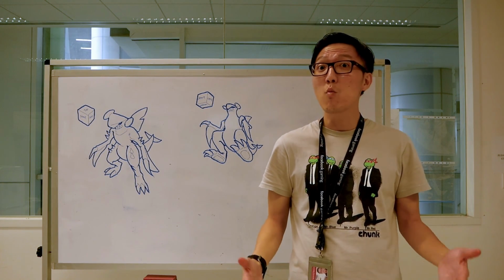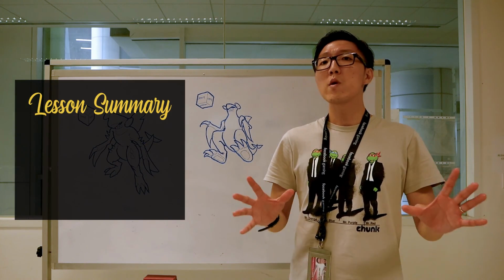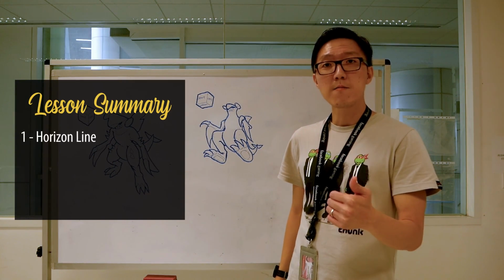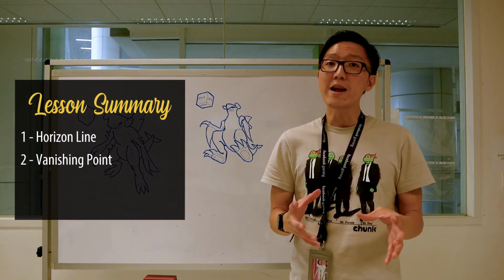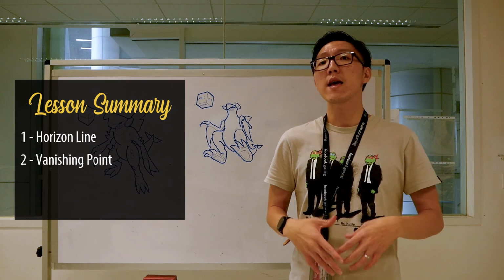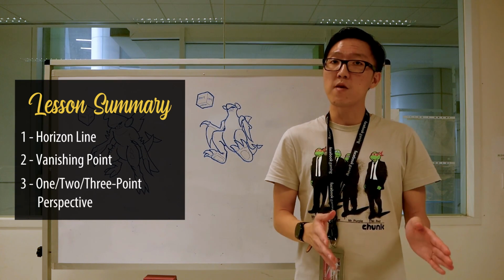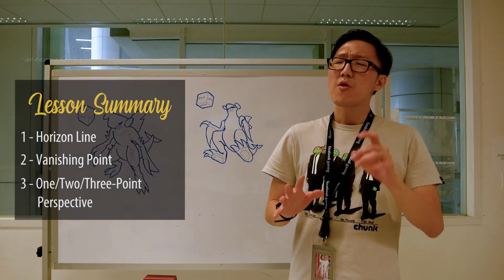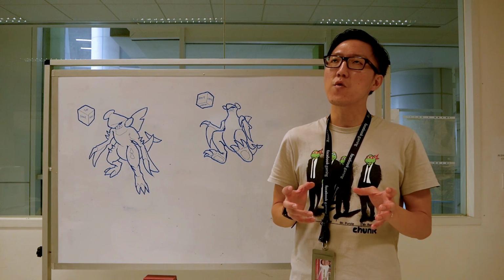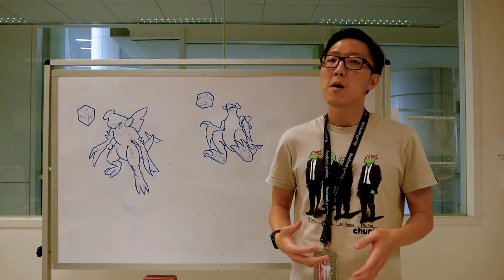Phew, that was a lot to take in. Let me summarize. Today, we learned about the horizon line, vanishing points, and how we can combine these two elements to create images that have a 1-point perspective, a 2-point perspective, and a 3-point perspective. Now, don't worry if you find it difficult to implement all that we have learned today in your artwork.